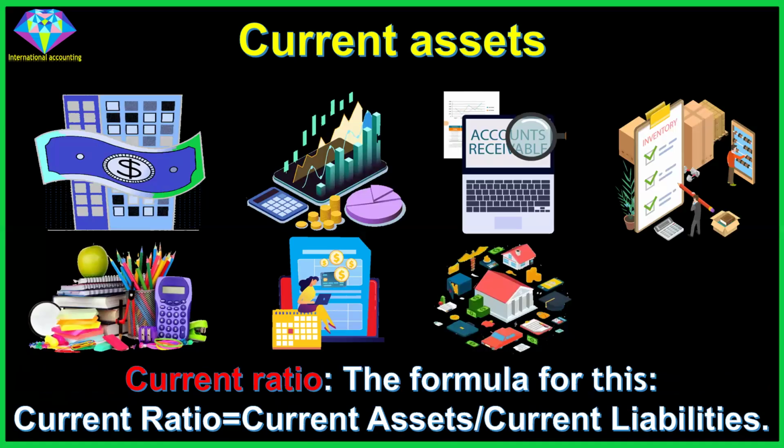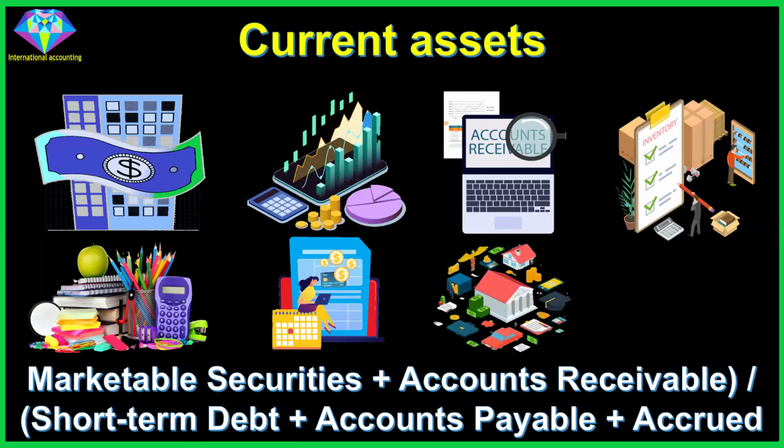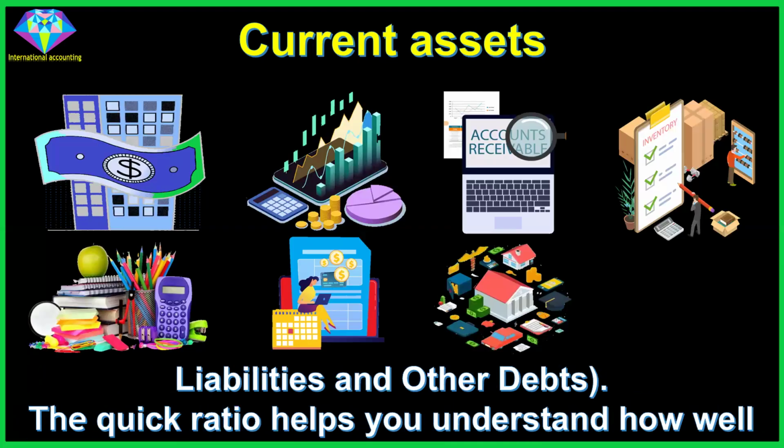Current ratio. The formula for this: current ratio equals current assets divided by current liabilities. Quick ratio. Here's the formula for this. Quick ratio equals cash plus cash equivalents plus marketable securities plus accounts receivable, divided by short-term debt plus accounts payable plus accrued liabilities and other debts.